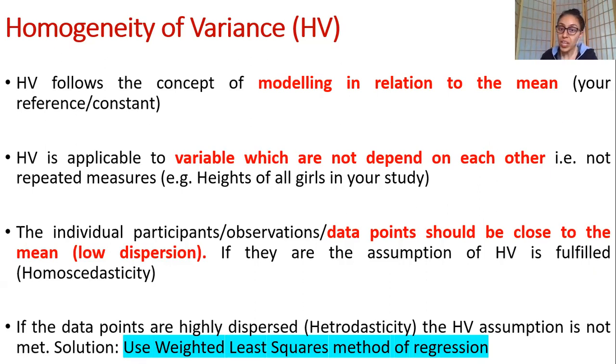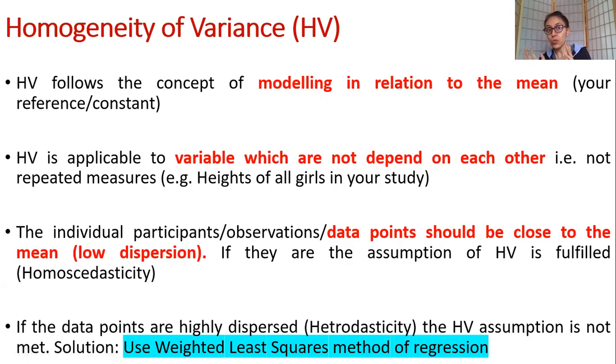And still, if you feel that all of these are genuine, legitimate cases, and you should not remove these outliers or influential data points from the study, because that is not telling you the true story of what you see in the actual community, then what you do is use weighted least squares methods of regression. Okay, so again, how do you do that in SPSS?